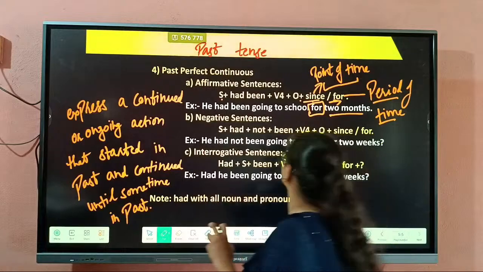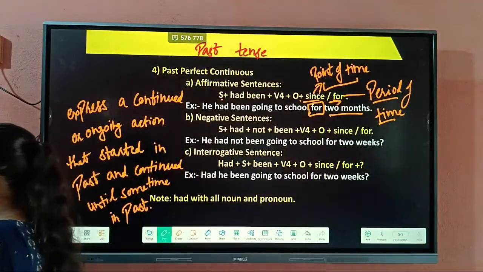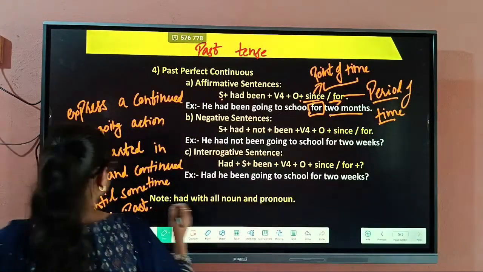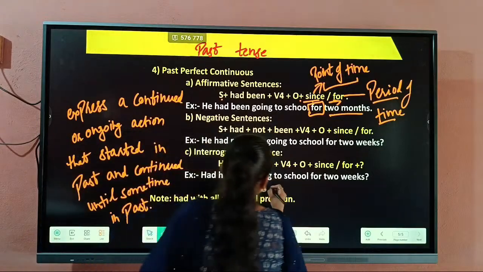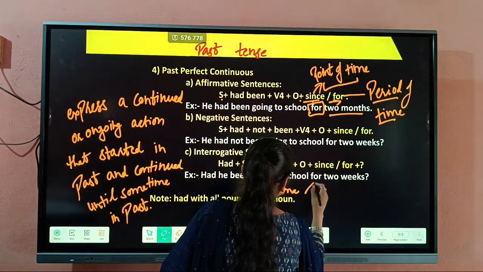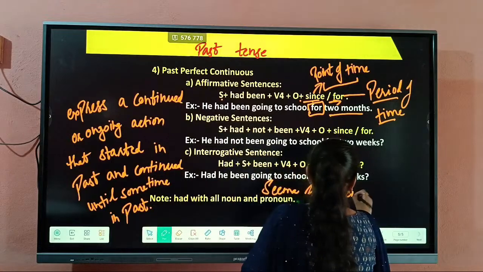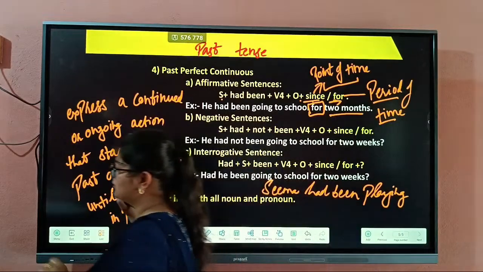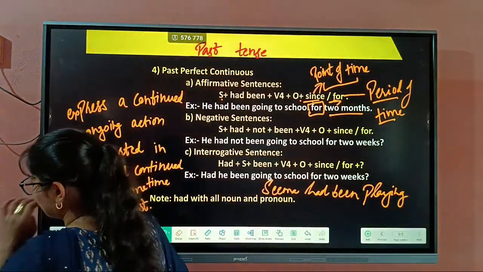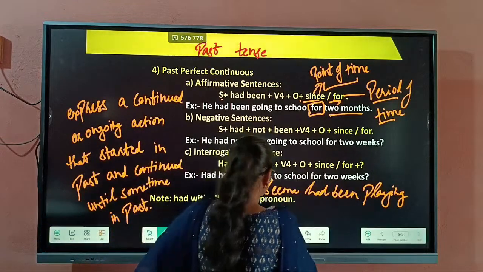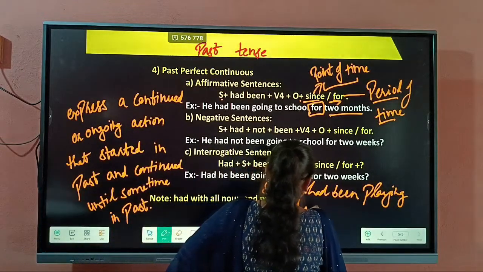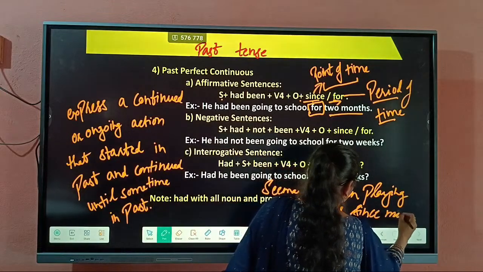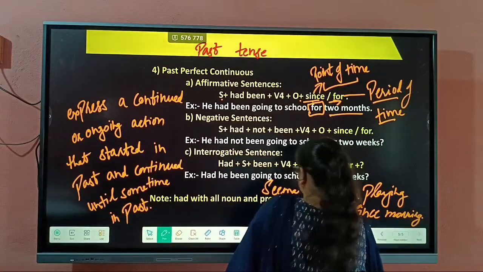In a continuation, over a period of time, he is going to school. Okay, and here we can also use: Seema had been playing with her dolls since morning.